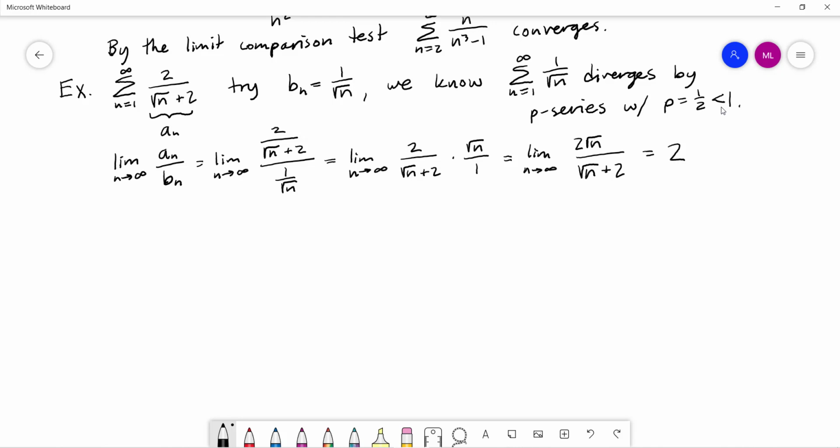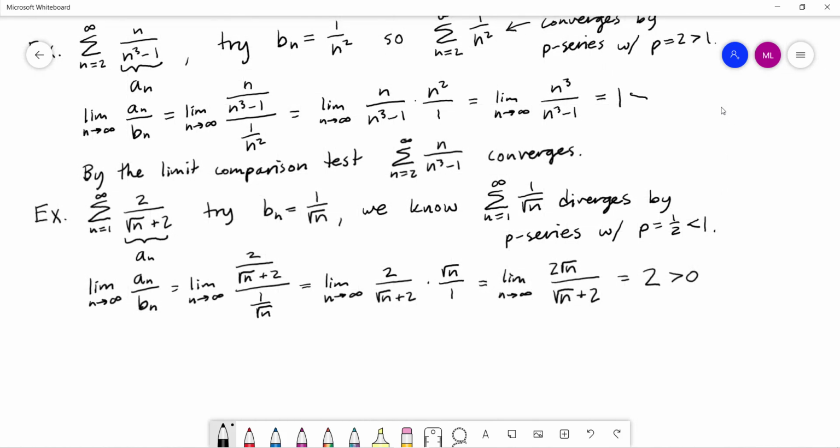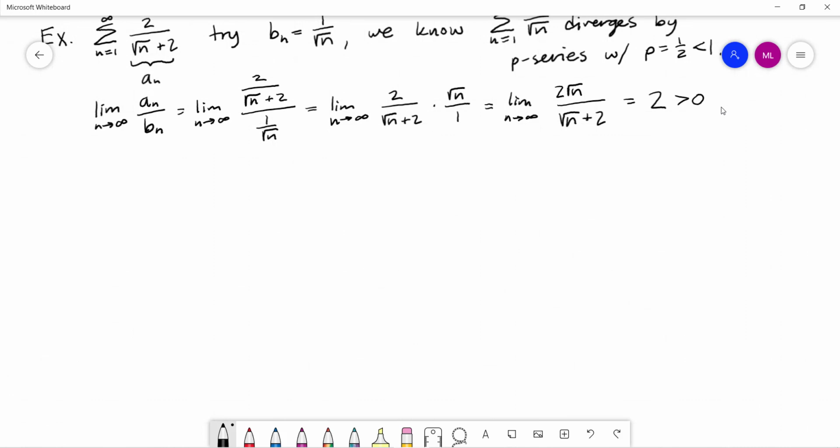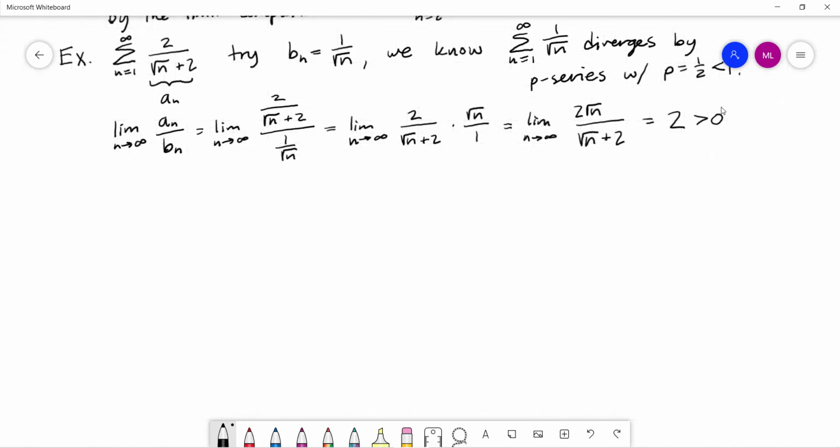That is positive, so it's greater than 0, and again, I should have written that here, also greater than 0. It needs to be greater than 0. If it's not greater than 0, we don't know what's happening. It won't necessarily give us the information we need.